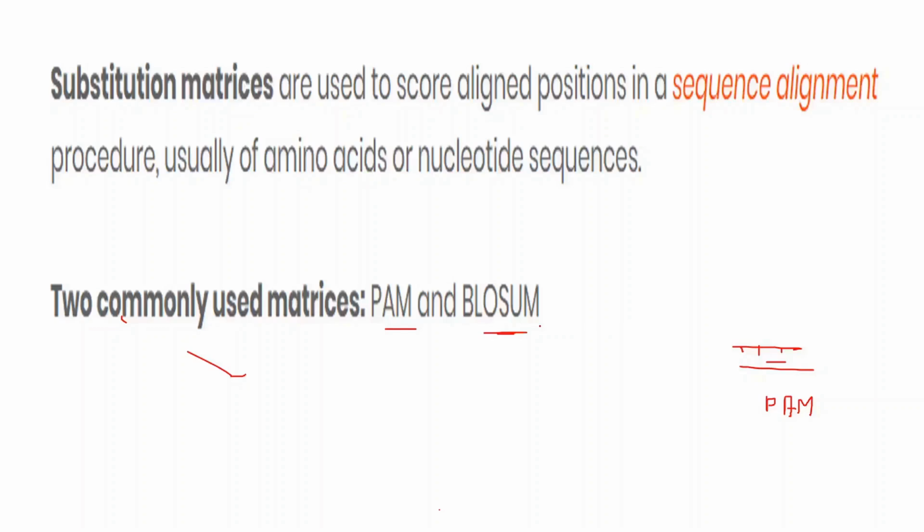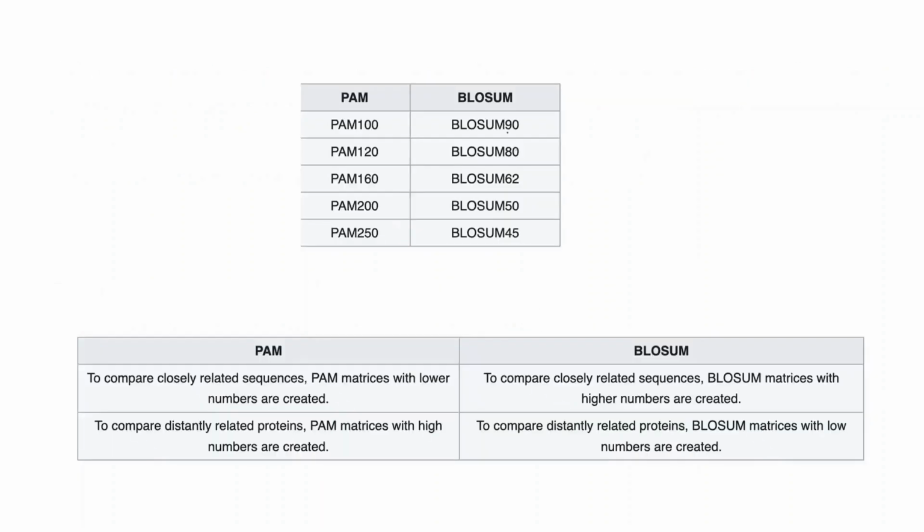These are the different kinds of PAM matrices and the different kinds of BLOSUM matrices. When should we use the PAM matrix and when the BLOSUM matrix? When you are comparing closely related sequences, you know the two sequences are close, but how close, then you need to use the PAM matrix.